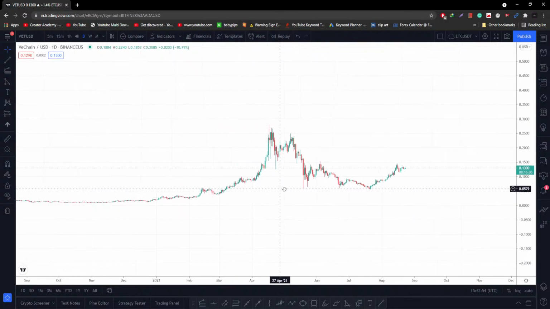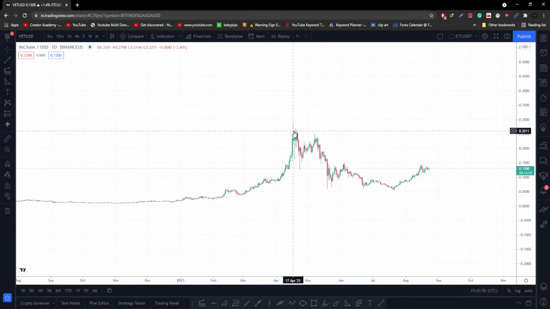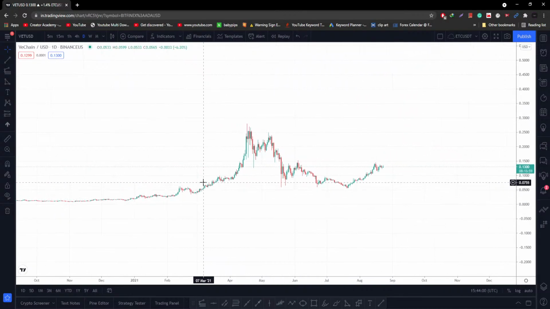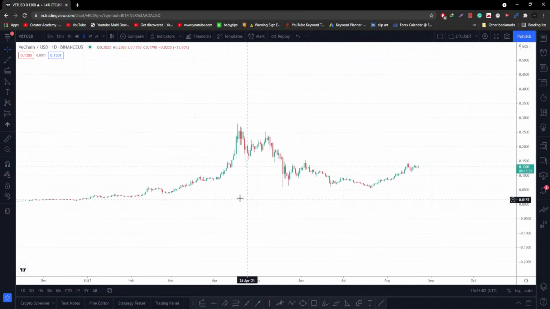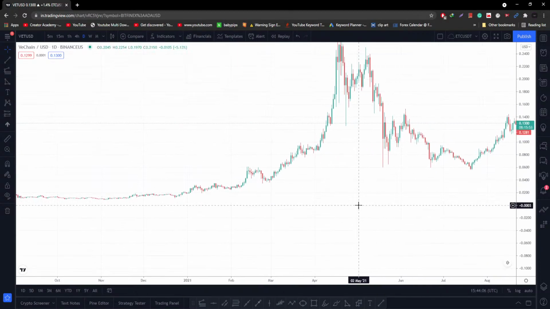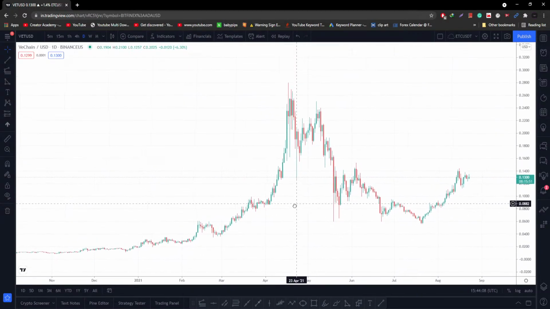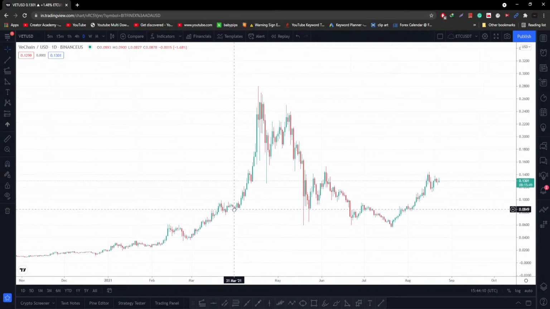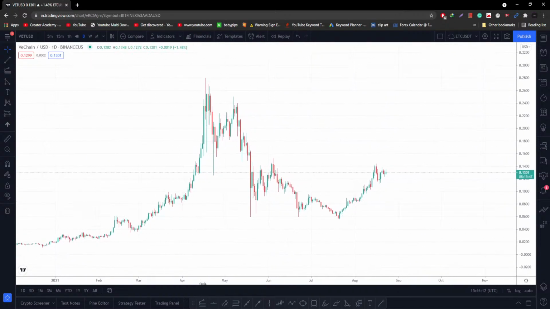I talked about it in the past when it reached almost this level here, and then it started coming down. Actually, I have talked a lot about it when VeChain was around less than 1 cent. But now I am not holding it, so I'm not talking about it.